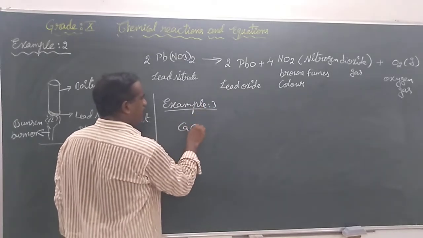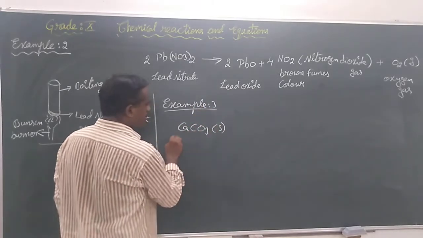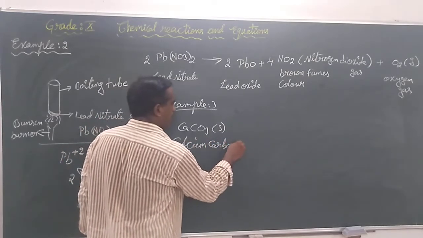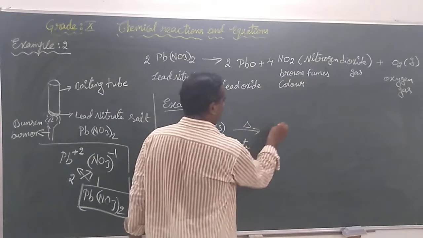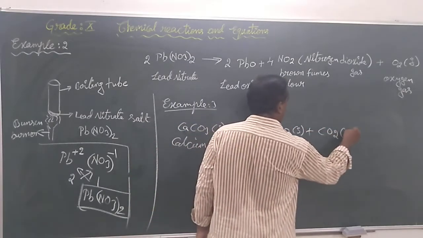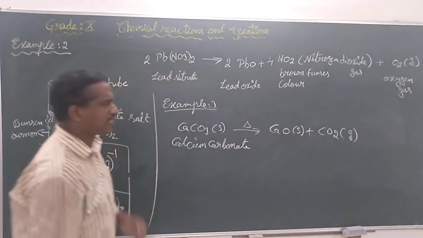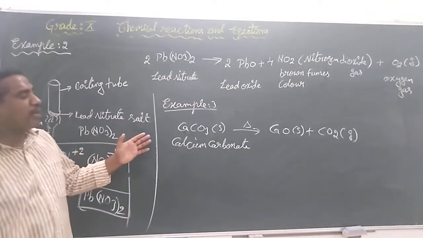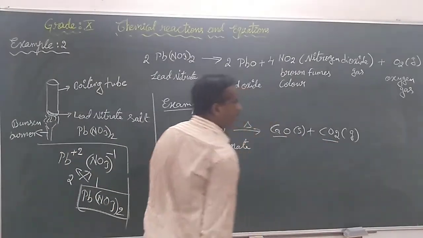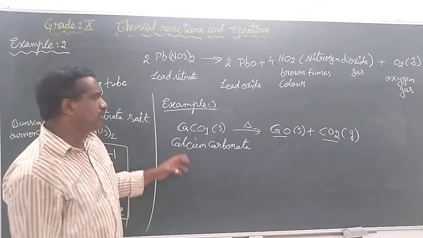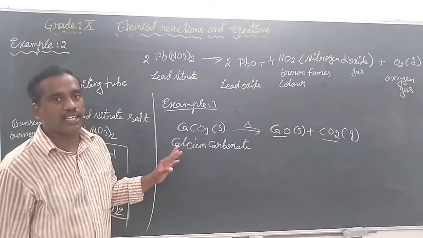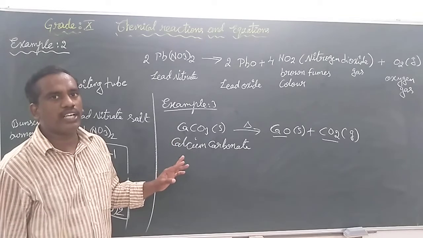Calcium carbonate when heated will form calcium oxide and carbon dioxide gas. So calcium carbonate is decomposed to form calcium oxide and carbon dioxide gas. This is another example of a decomposition reaction, a thermal decomposition reaction.